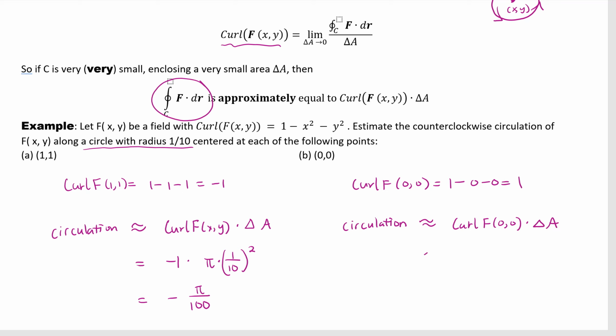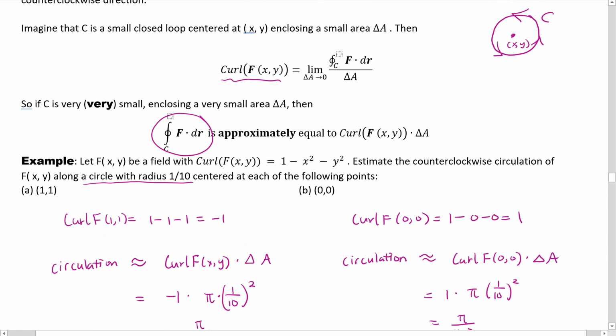The curl is 1 at that point, and our small area is a circle with radius 1/10, so it's pi r squared. We get pi over 100. So that's the circulation. So far, so good, everybody?